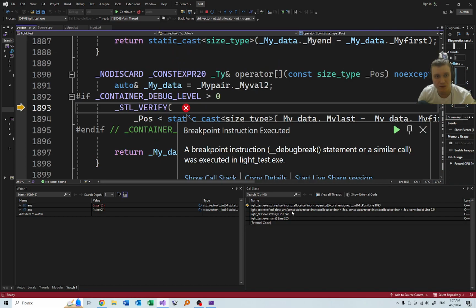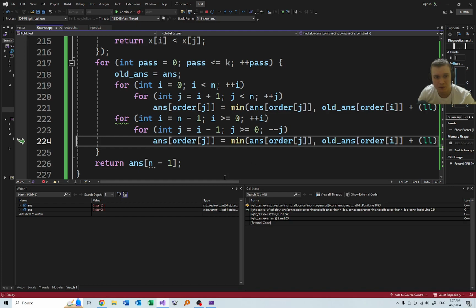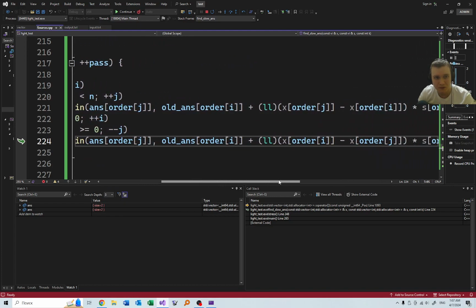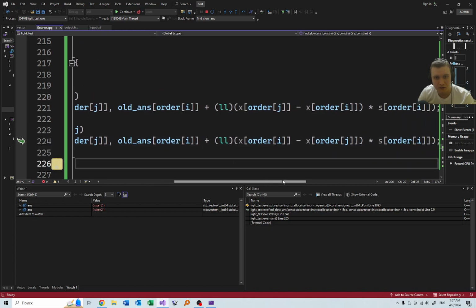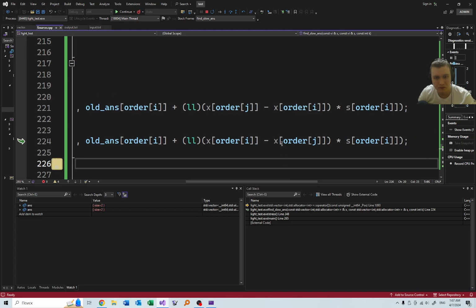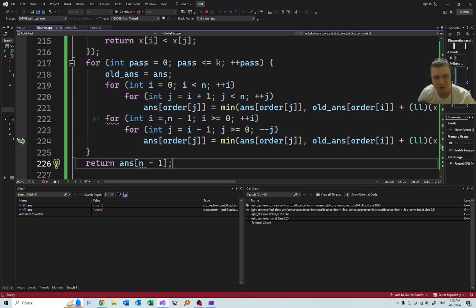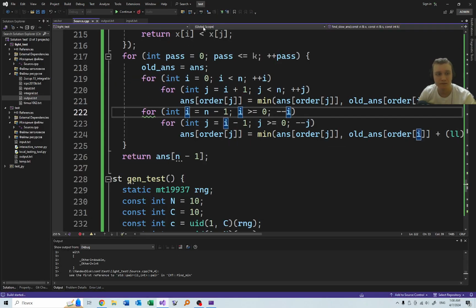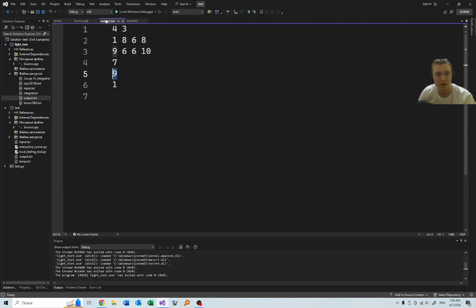Pos is 2? Where? Which pos is 2? Border is not 2. I is 2. Okay. Okay, it found something immediately.